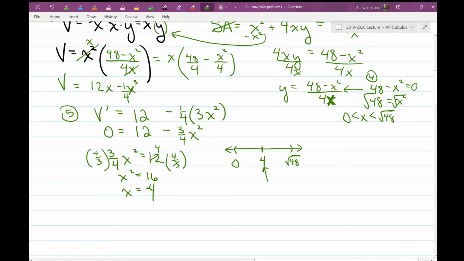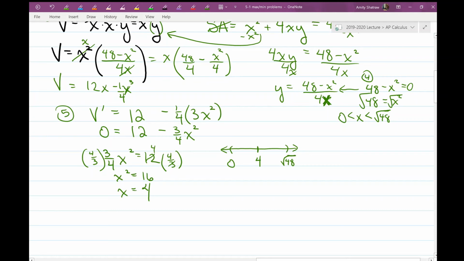Okay, so now that I've positioned 4 here, I want to go back to my derivative, and I want to say to myself, well, what happens if I plug in a number that's smaller than 4? Like say, for example, I'm going to test a 2. So if I plug in a 2 right here, then I get 4, and then I take 3/4 of it.